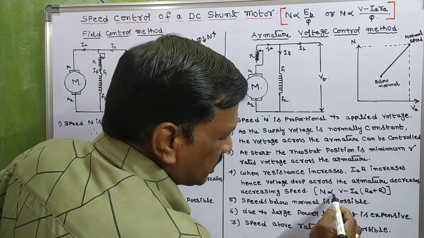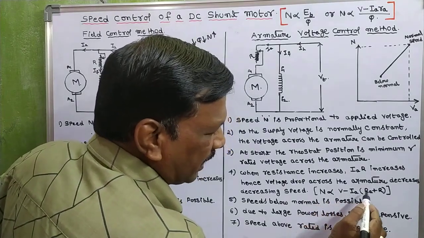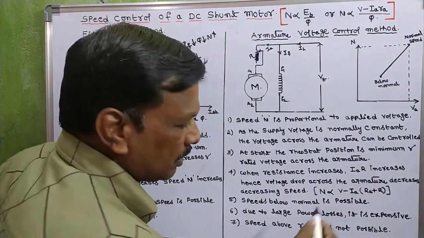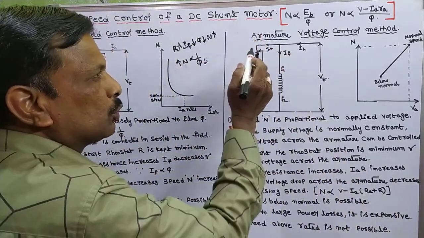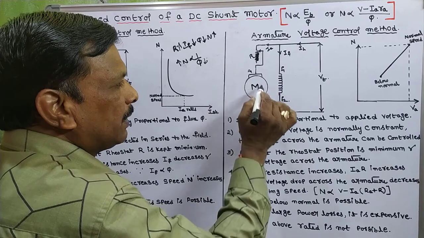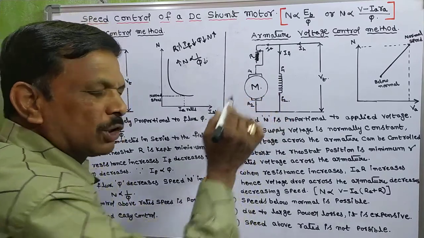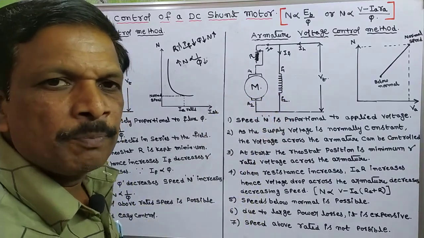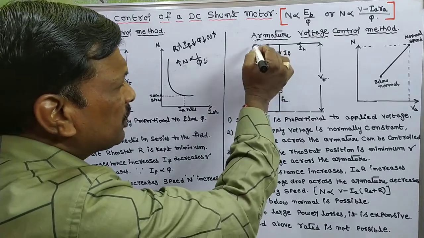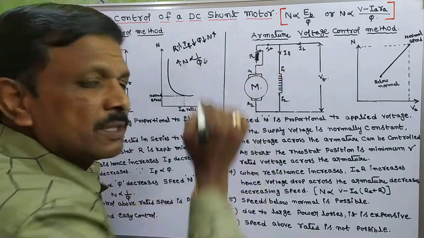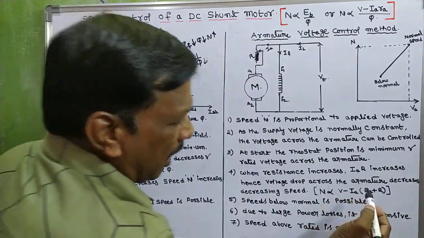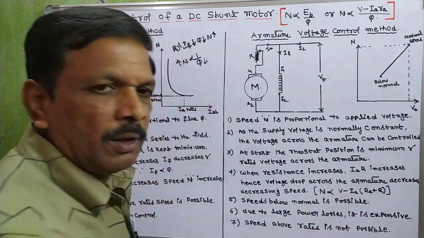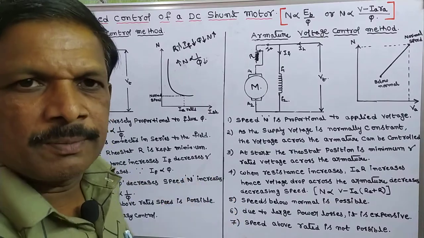So here N is proportional to V minus IA (RA plus R). So IA (RA plus R) is the drop, where R is the added rheostat resistance and IA RA is the drop inside the armature. When we increase the resistance, the IA (RA plus R) drop will increase.